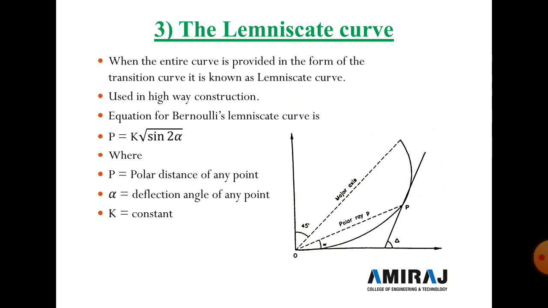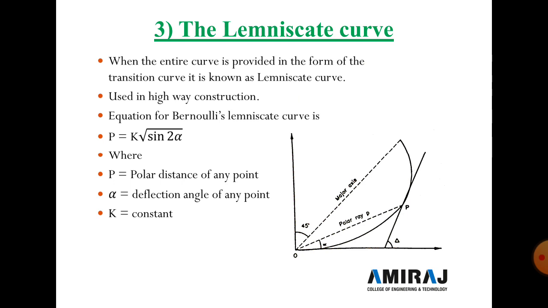Now the next method is the lemniscate curve. This is the third type of transition curve. When the entire curve is provided in the form of a transition curve, it is known as a lemniscate curve.